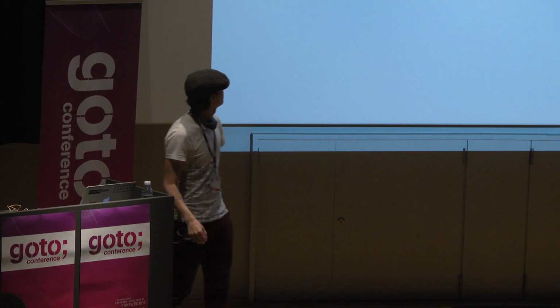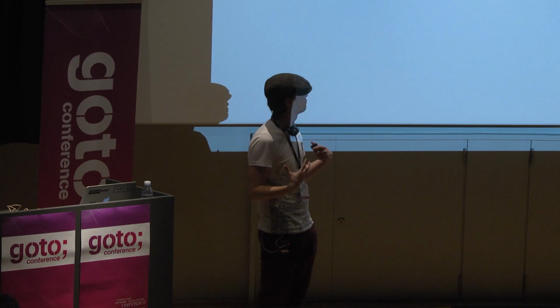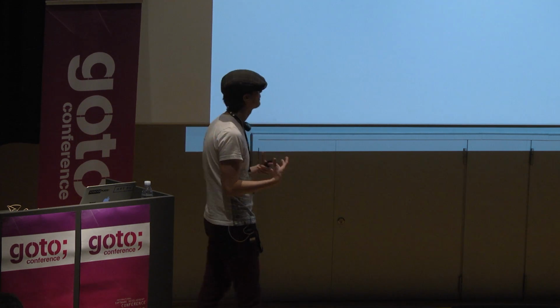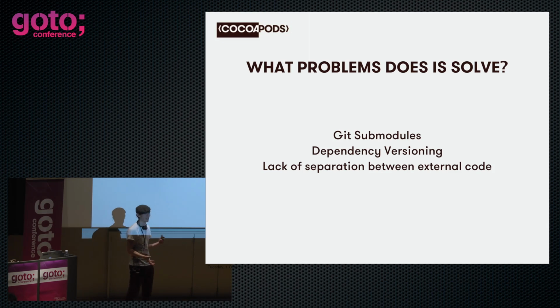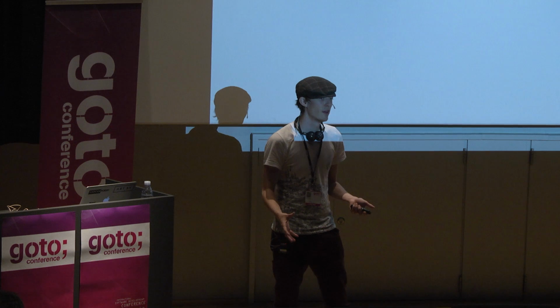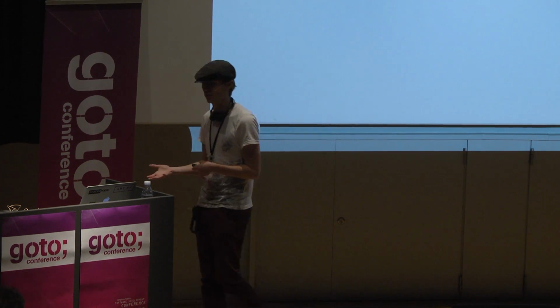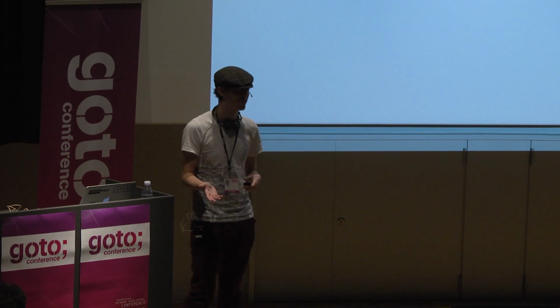And for me, one of the biggest advantages of using a system like CocoaPods is that it allows you to separate your external code from your application. How we do it is we create a separate project in your project that's only for CocoaPods. We automatically make it so that you can't put that into version control, but you can remove that.